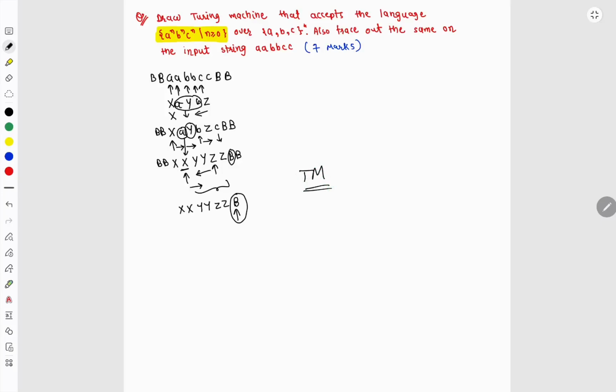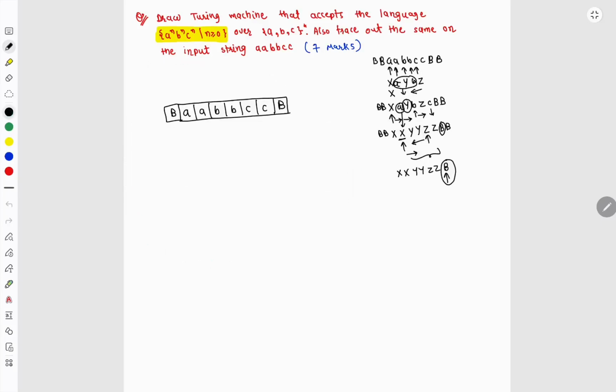Now let's draw the Turing machine based on our thinking. Let's start with the q0 state. At the q0 state, for the given string aa, the read-write head is here, at the small a. For the first a, we need to convert that a into X. So, how can we write this in the Turing machine?